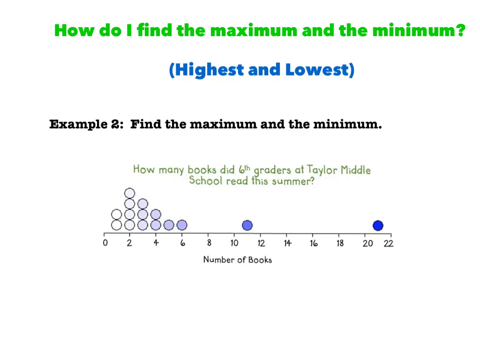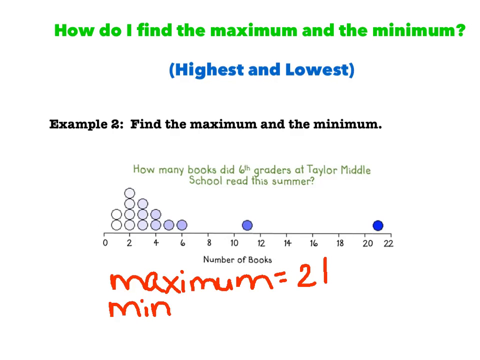In this case, my largest, or my maximum number, is equal to 21, and my minimum, or my smallest, is equal to 1. So in this lesson, you learned how to find the mean, the median, the mode, the range, and the maximum and minimum amounts.